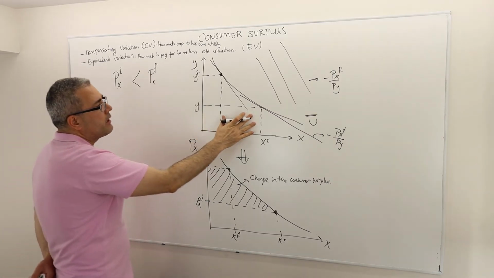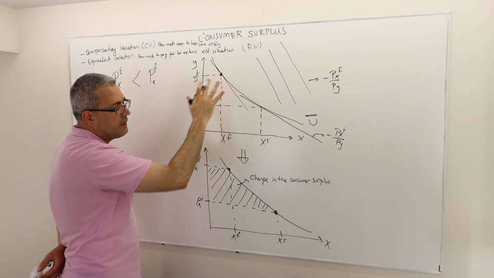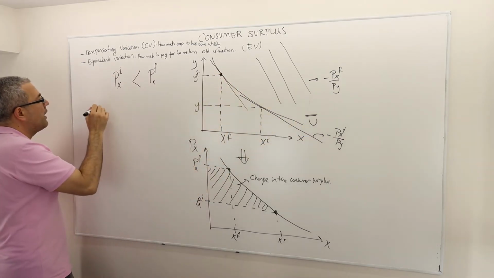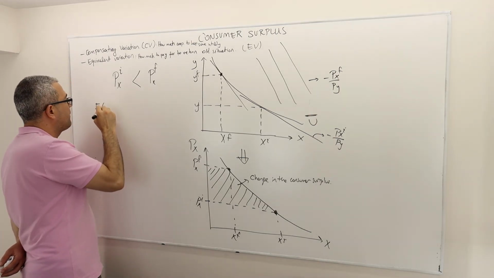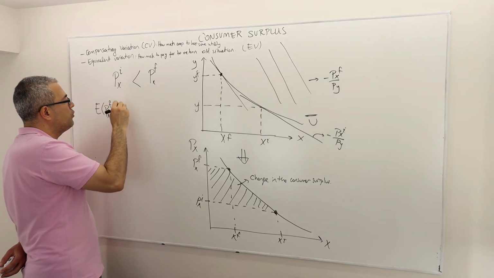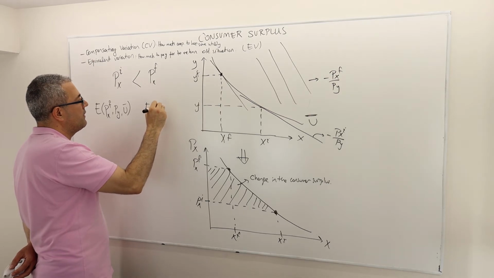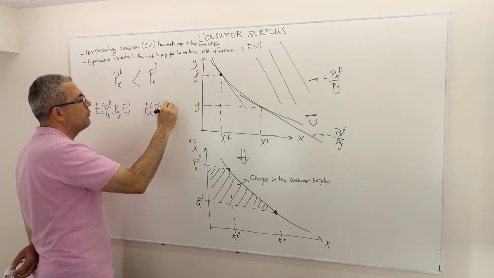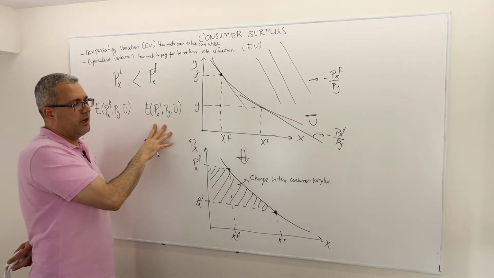Remember, what I'm doing is I would like to keep this guy's utility level fixed, all right? So I am calculating this guy's final expenditure, px final, py, u bar. And then I calculate his initial, px initial, py, and the u bar. So this is how much income he had, right?